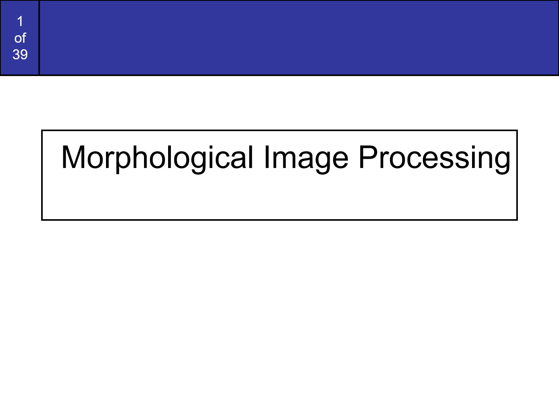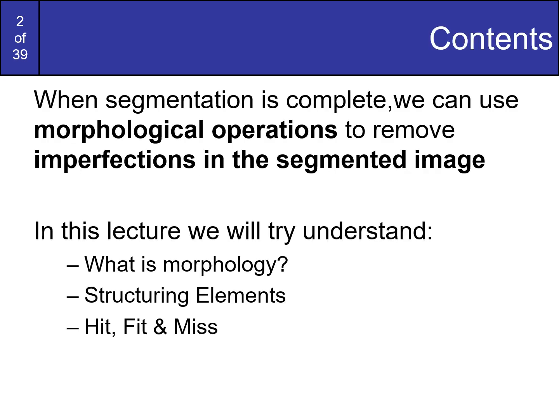Today we will learn about morphological image processing. This is the introduction part of morphological image processing. So we want to know what morphology is all about. When segmentation is complete, the output of the segmentation process is images in the form of binary images, which is 0 and 1.